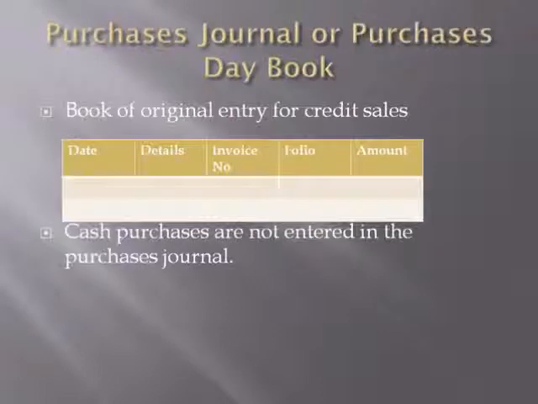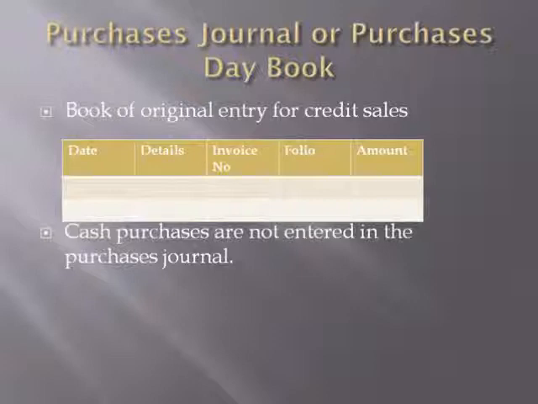Here we have a copy of the Purchases Journal, and another name for the Purchases Journal is the Purchases Day Book. It is a book. The Purchases Journal is a book of original entry for credit purchases, not for credit sales. It's for credit purchases. That was an error on the screen here.